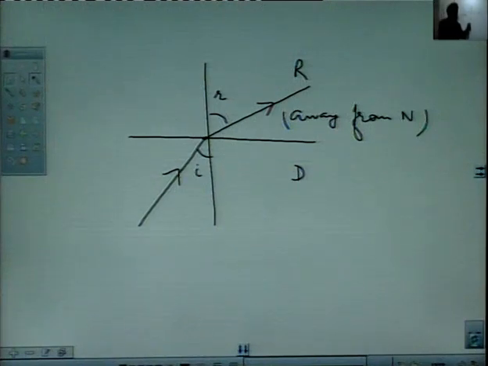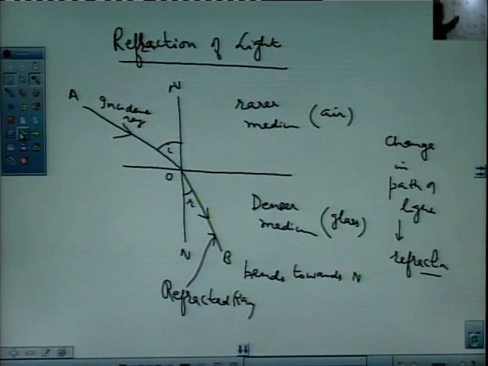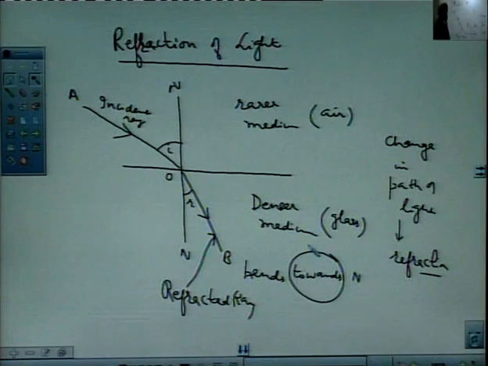In this case, light is traveling from glass to air. For example, glass is denser, air is rare, and it will bend away from the normal. In first case, light was traveling from rare to denser, so it was bending towards the normal. These are the two words which are very important, towards or away.